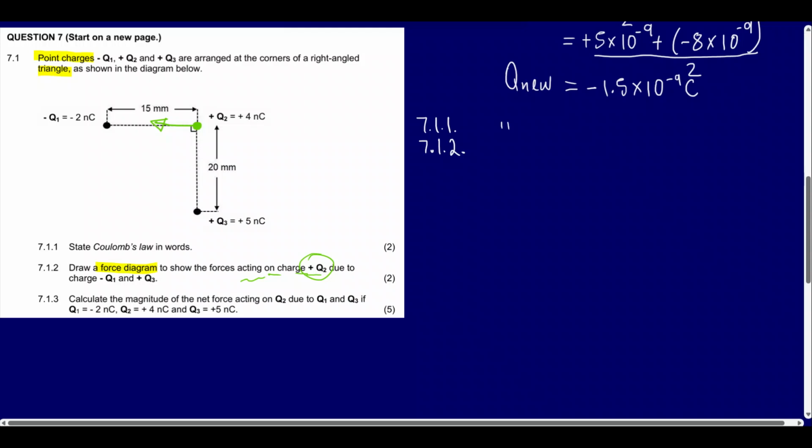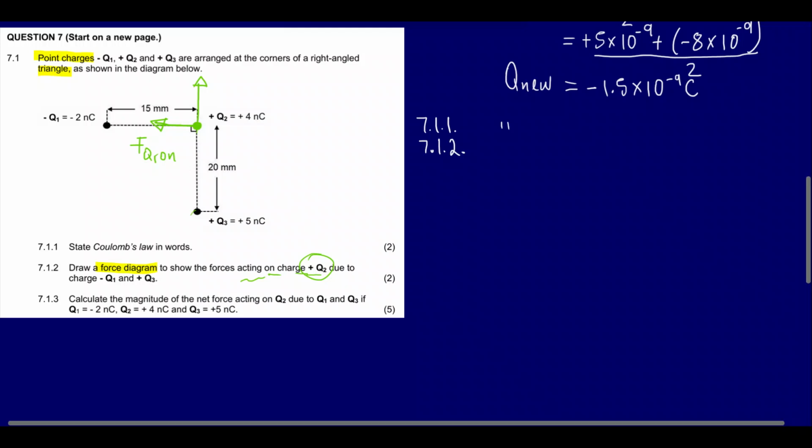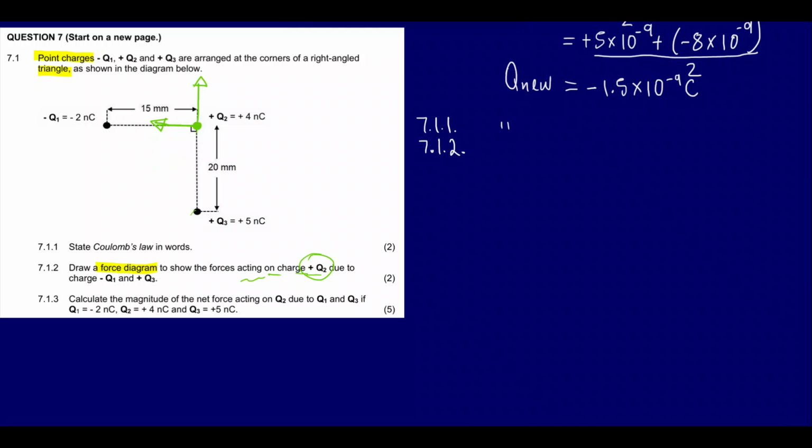So if you see a negative charge here, you'd want to attract to that charge. And you see a positive charge here, which is this one, you would want to repel. Do you see that? So when you want to attract this, we can say this is force Q1 on Q2.